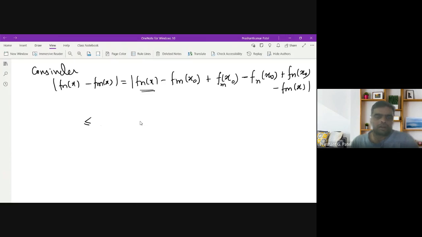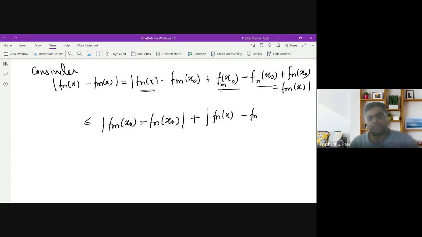So I can write down this is the first, Fn(x0) and Fm(x0). Those two terms I have written first, and the rest of the terms is Fn(x) minus Fm(x), which is here.